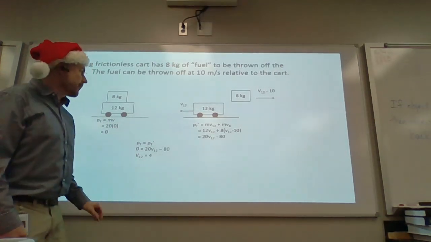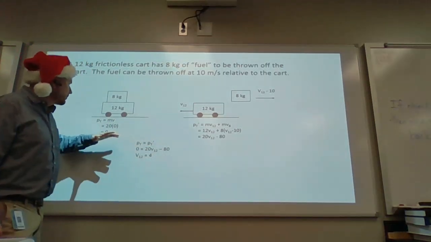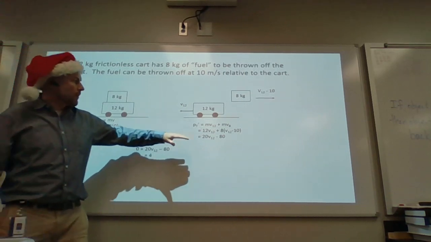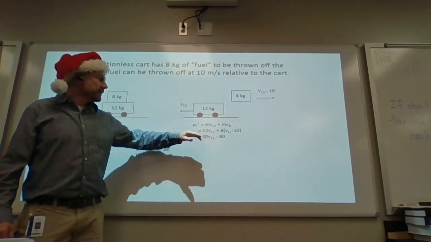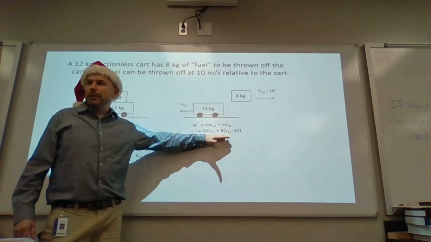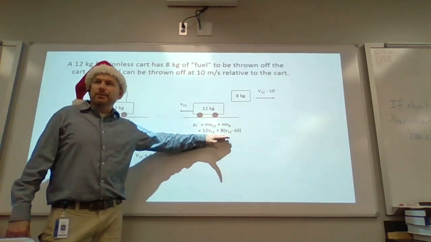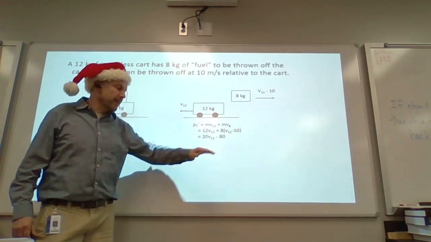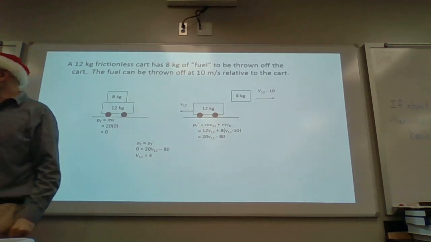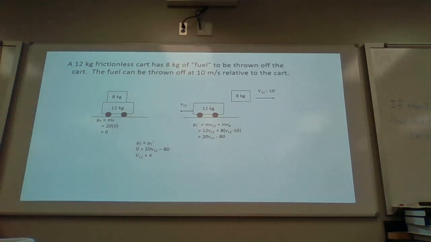Okay, so our initial momentum is 0. Final momentum is still equal to 0, but it's equal to this expression here. This is what we did when we were throwing the shot puts off. Solving for that, you find that the cart now is moving at 4 meters per second.